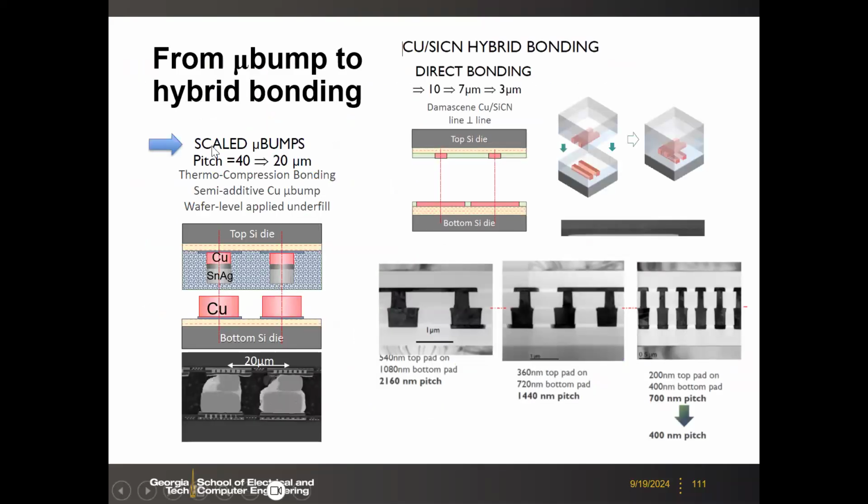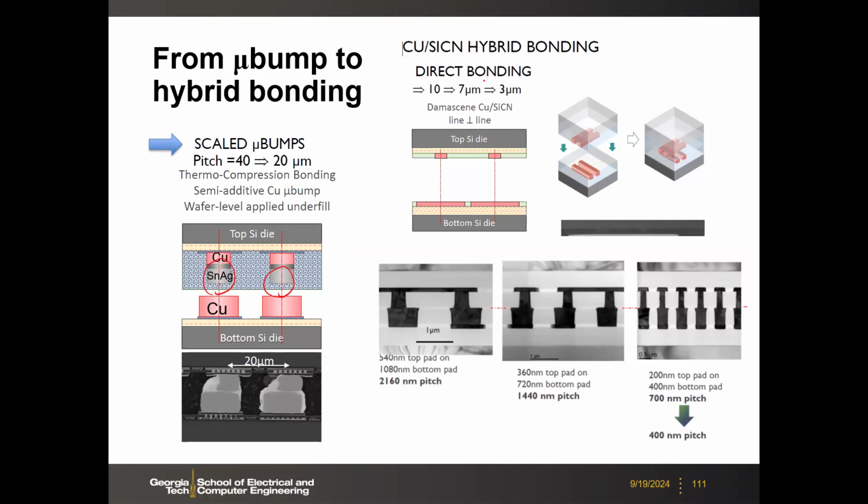So this is what we discussed before, from the micro bump to hybrid bonding. With micro bump, as I said, you can do like 20, 30 micrometer pitch. What you do here is you have the copper and the copper pad, and you do need to add additional stuff, in this case like this tin silver alloy, as a glue, basically, to glue those 2 copper pads.